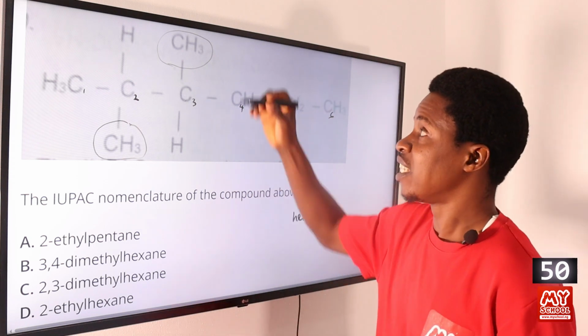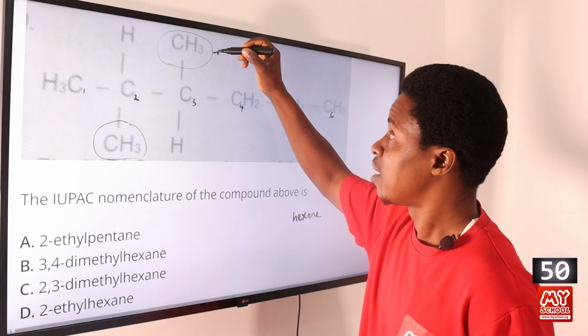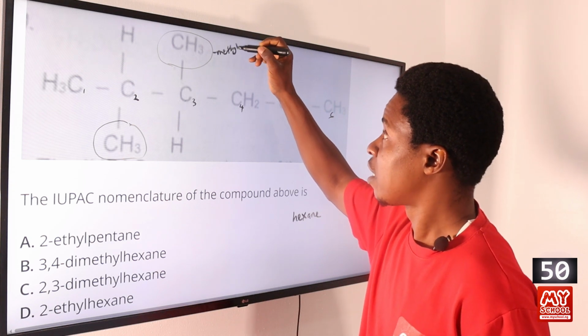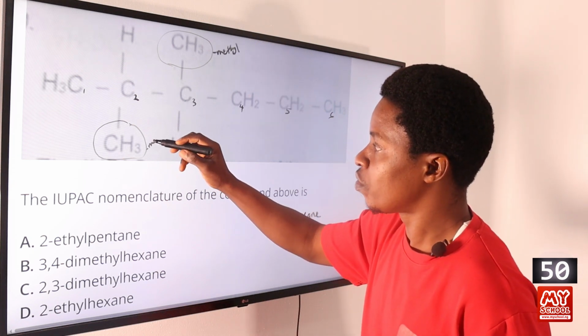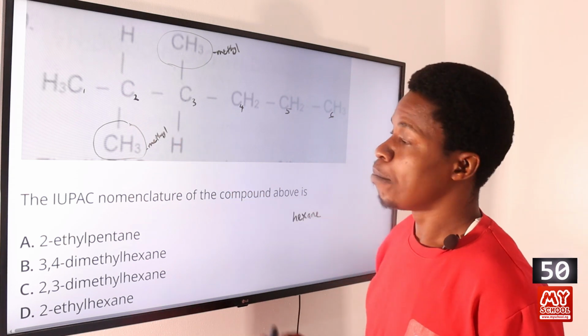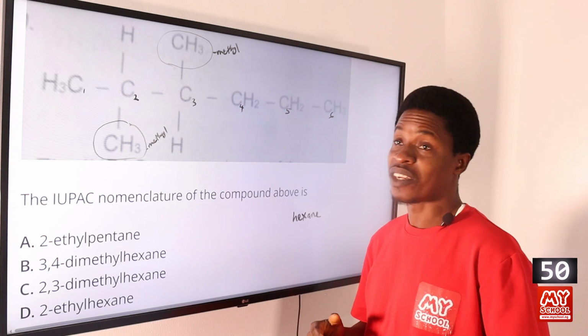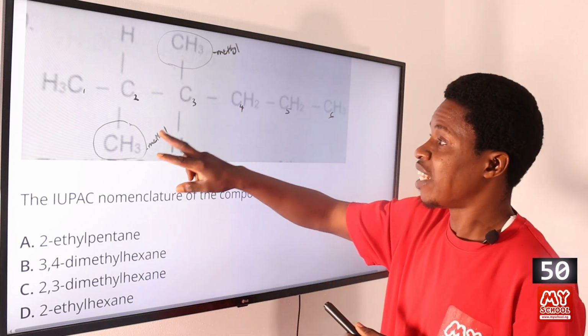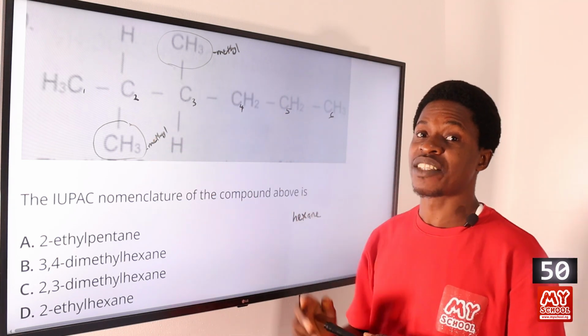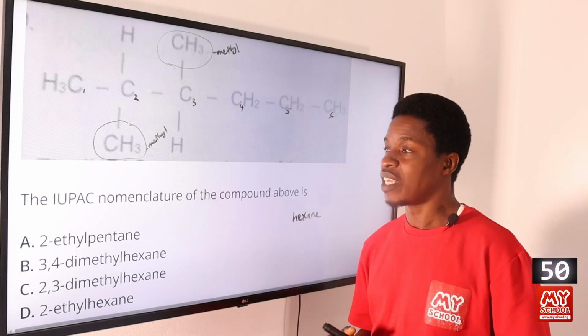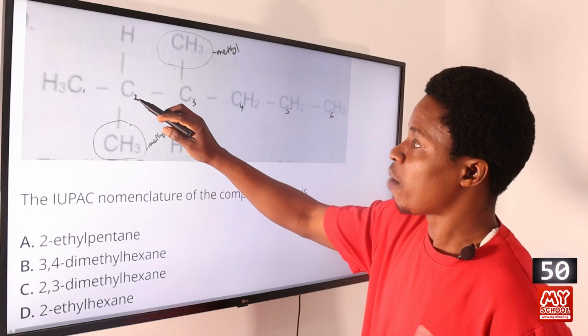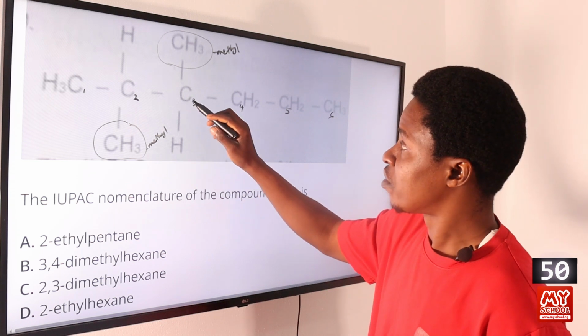Okay, and what are they? CH3, that is your methyl. How about this? Methyl also. So we have two methyl groups here. On what carbon atoms are they? The first one is on carbon 2, the second one is on carbon 3.